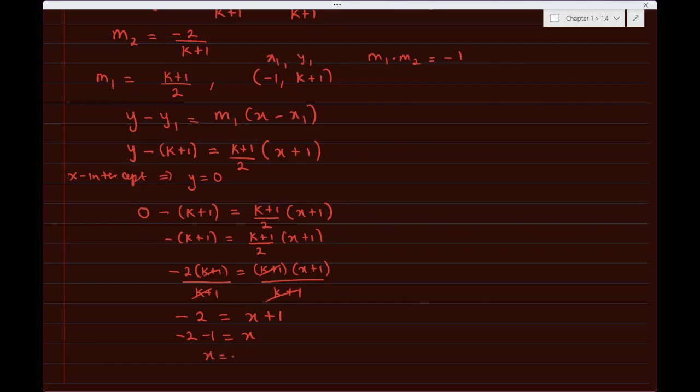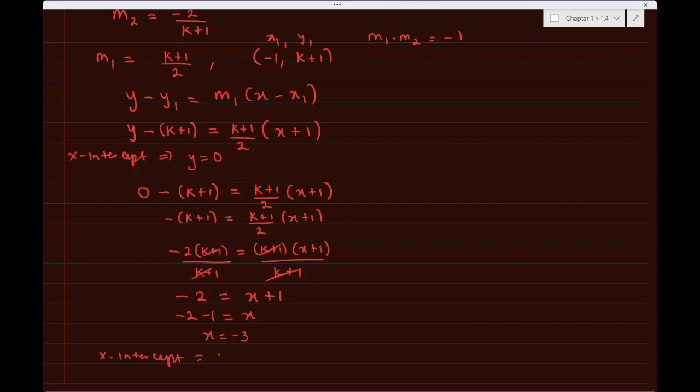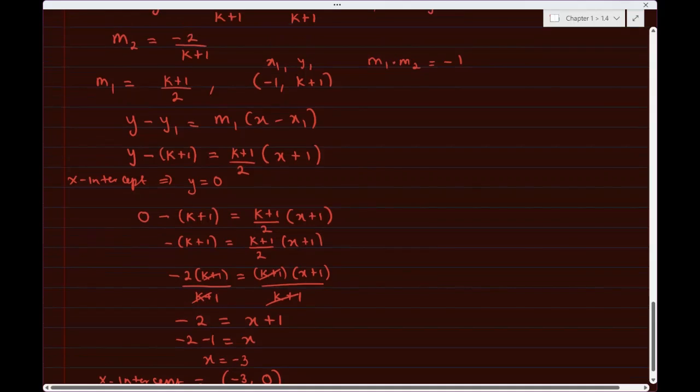In other words, x is -3. So our x-intercept is simply the point (-3, 0). Remember, the x-intercept is going to be -3 and y is 0.